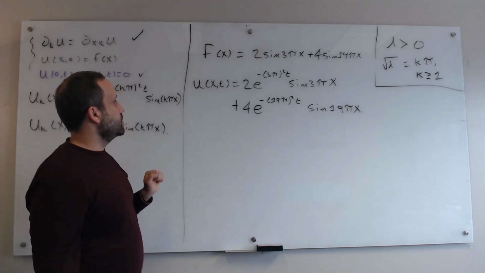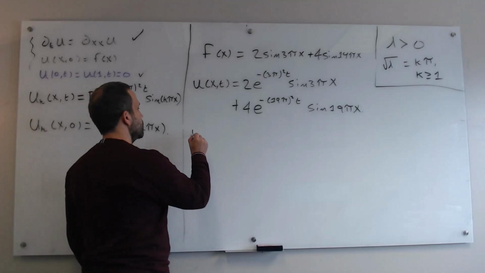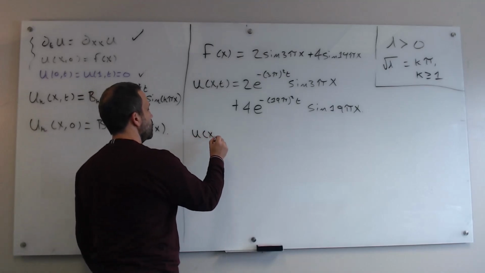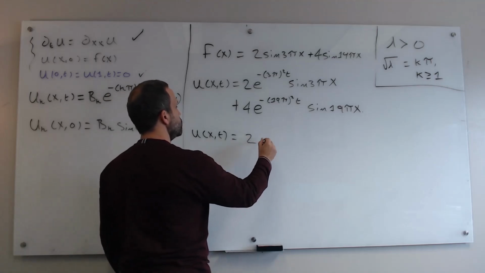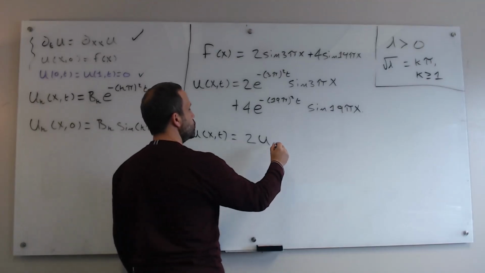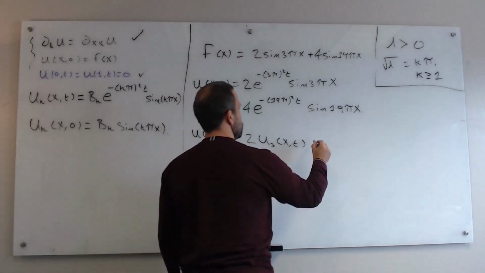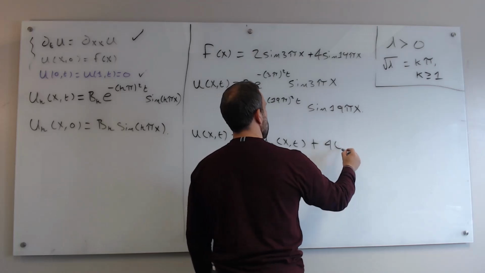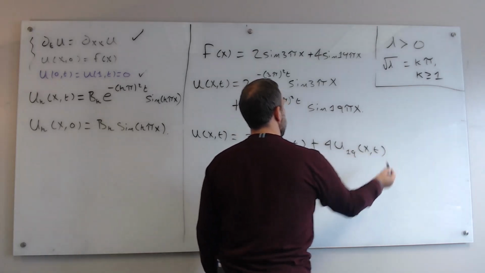Why does this satisfy the PDE? Well, let's think about it like this. I can write u of x,t as 2 times u_3 of x,t plus 4 times u_19 of x,t.